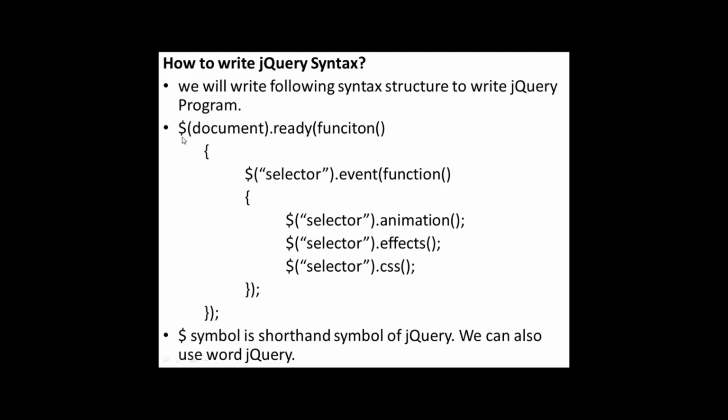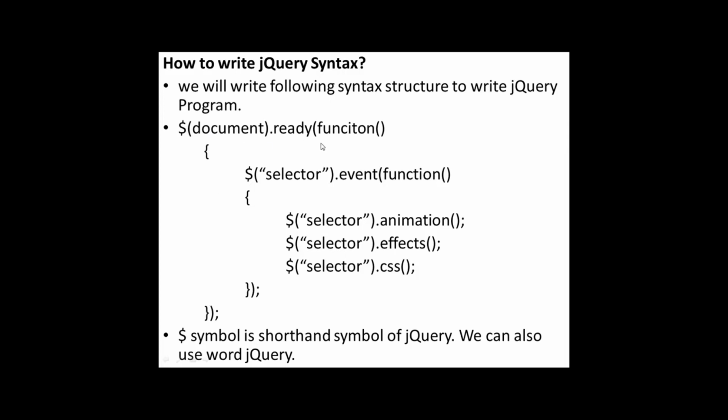So we first write the $(document).ready function, then the starting and ending of the ready block, and after the block we end the round bracket and mention a semicolon. That is called the ready block, or the ready event is completed.